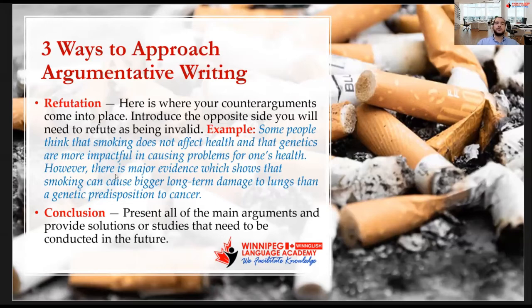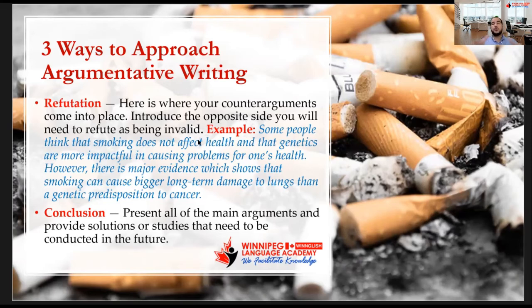Okay. Moving to the conclusion, you present all the main arguments, including yours and the other side, and you provide solutions or studies that need to be conducted in the future. So after mentioning all of these and those people's arguments, you should say, however, some people think so and so, this is not accurate because of, and then you mention your reason.